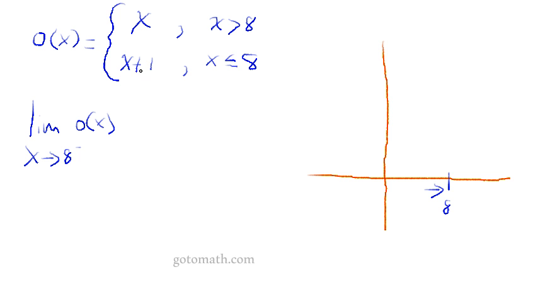Let me just sketch out what this graph looks like. So if I were to plug 8 into this, I get 9. So we'll say this right here, and of course it's a solid dot because we're including 8. Okay, and it has a slope of, I don't know, 1. So it looks like it's doing something like that.